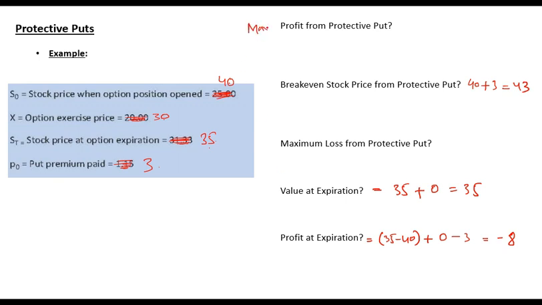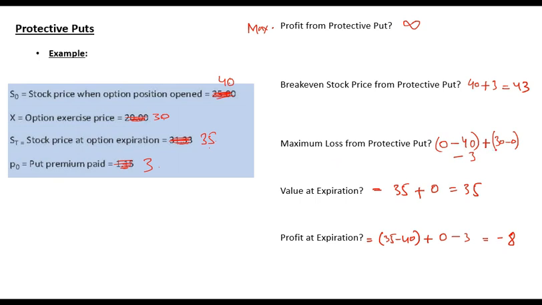What is maximum profit? Maximum profit is infinite, and maximum loss. Maximum loss will happen at the point when stock price becomes 0, and when stock price becomes 0 your profit will be 0 minus 40 plus 30 minus 0, which is 30 minus 3.